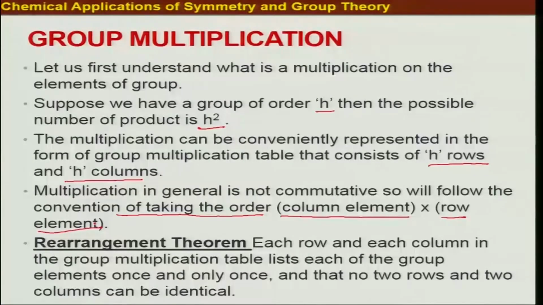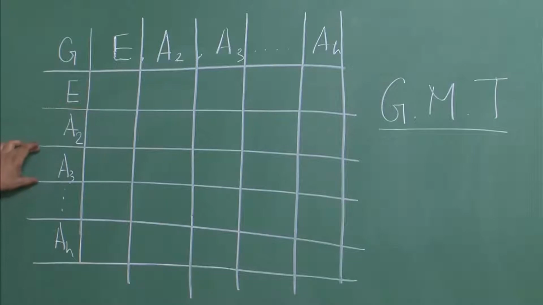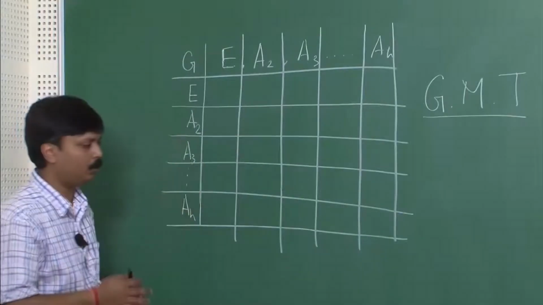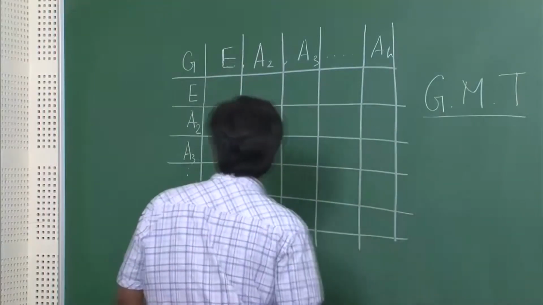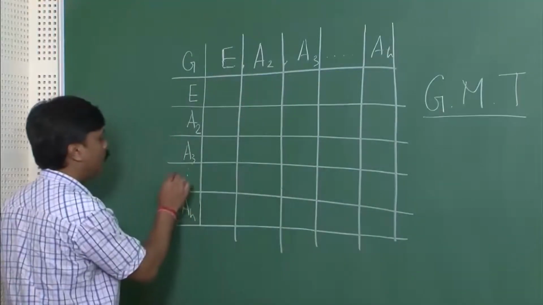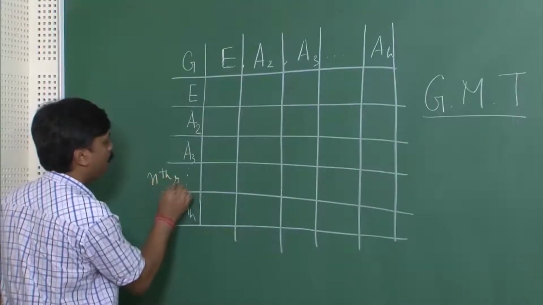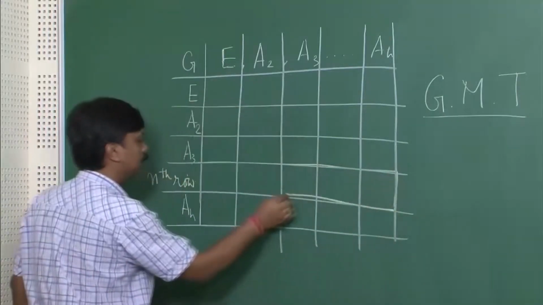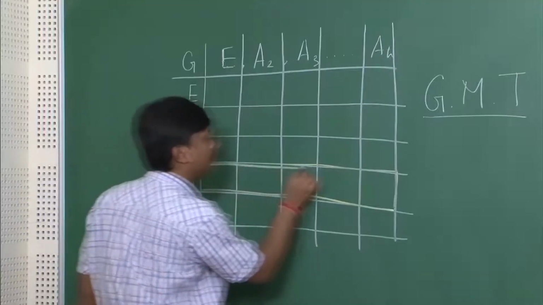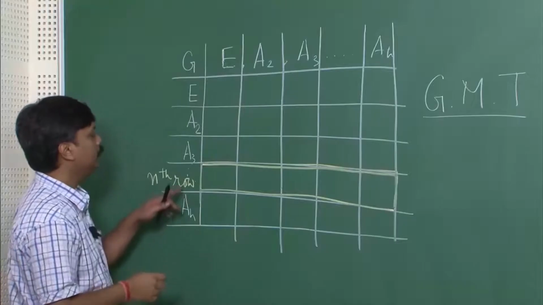You know that if I look at this particular table here, I will take any particular, say, row of this group multiplication table. Say I will take some nth row. Okay, suppose this is my nth row. So now how will the multiplications be?